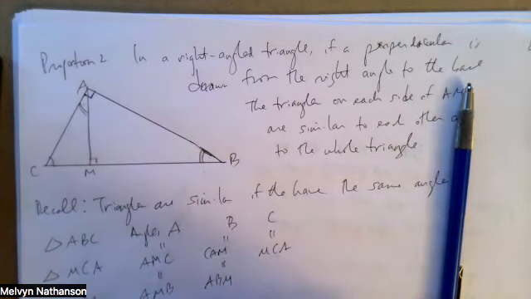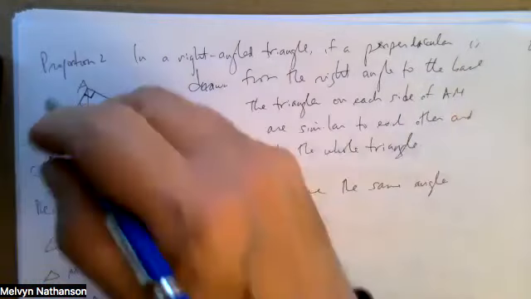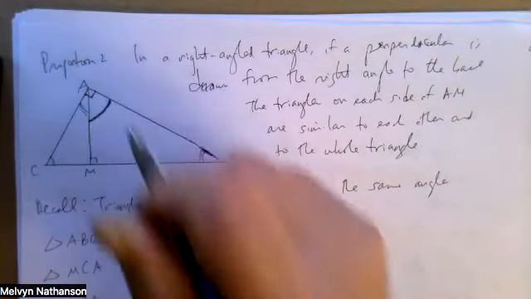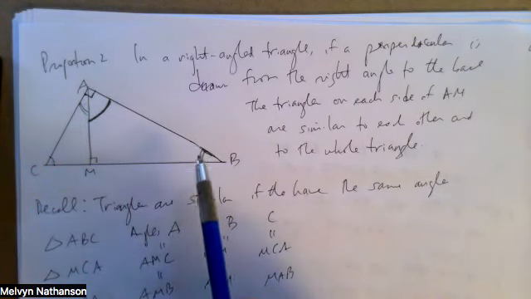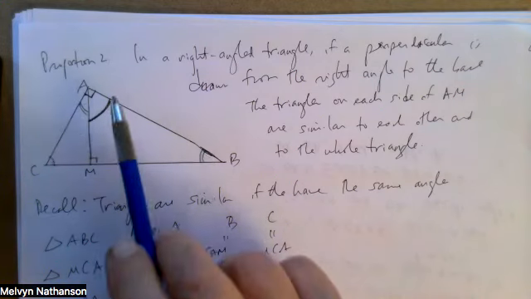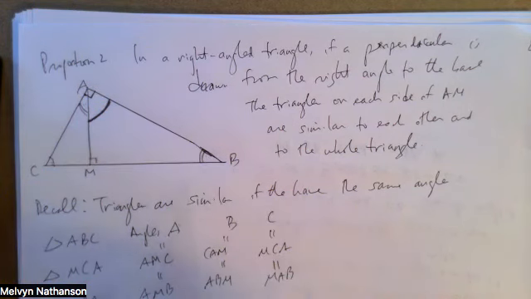And what is the third angle? The third angle in this triangle is angle MAB. Angle MAB is this angle. Now this plus this add up to a right angle, and this plus this add up to a right angle. So this angle has to equal angle C. So these are equal.